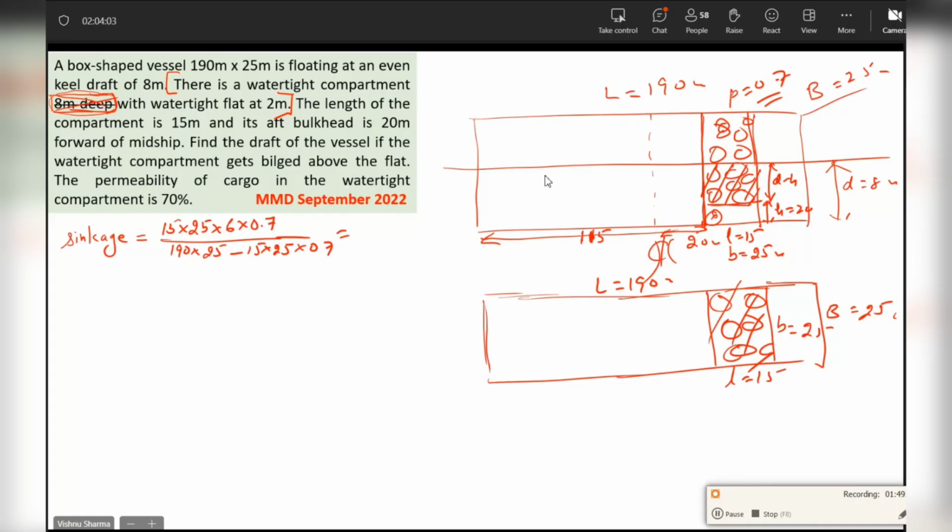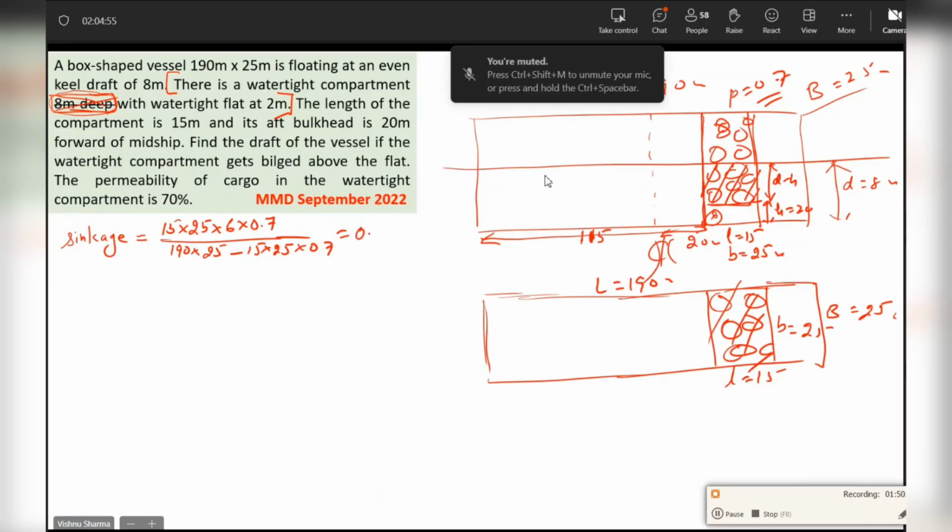Don't copy from the board, because we should be able to figure out if there are any concerns. Sinkage is 0.351, guys. Am I right?